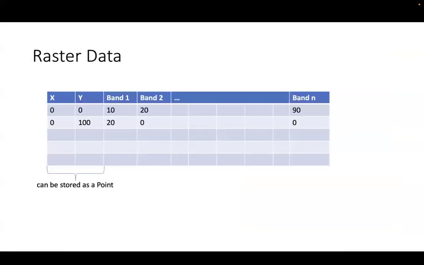So this is how raster data looks. For example, if you take any photograph, in that photograph we will have the x-axis value and the y-axis value. So x coordinate, y coordinate, and then we have bands. For example, some of the bands are red, green, and blue. When we take the photo, we take it in the red, green, and blue bands, RGB.